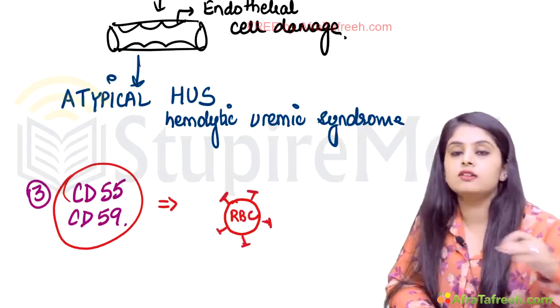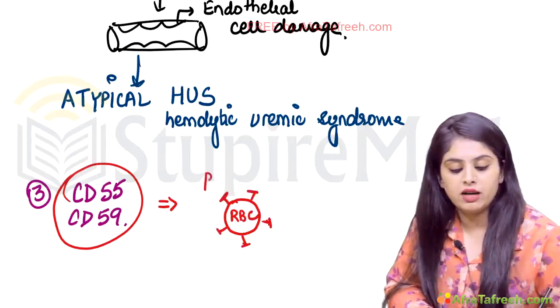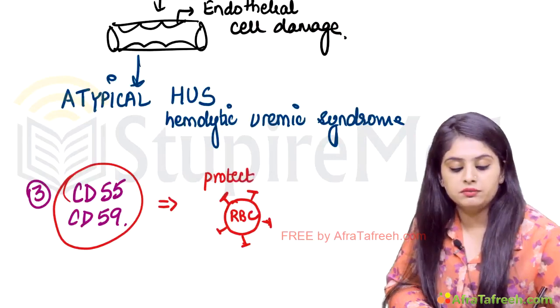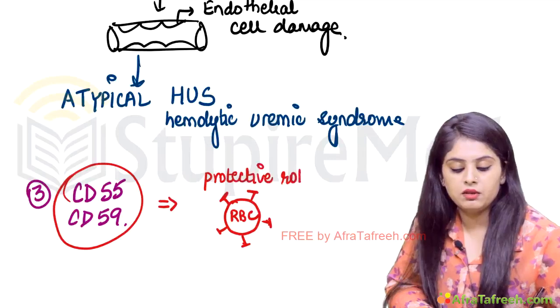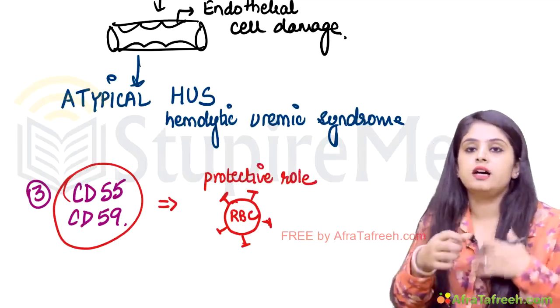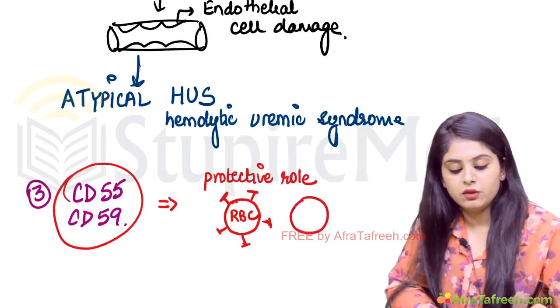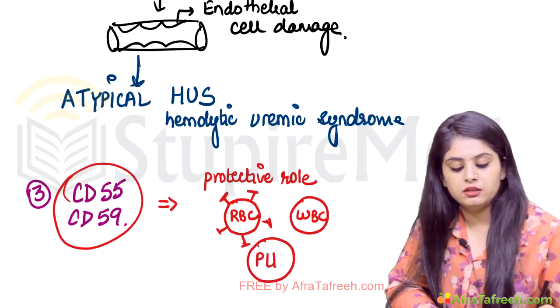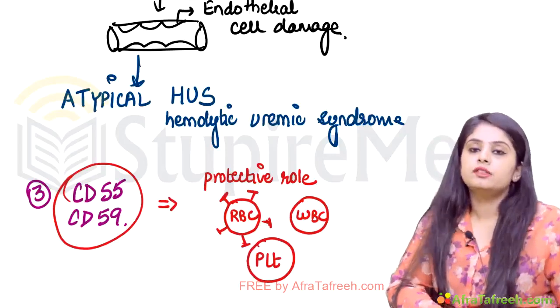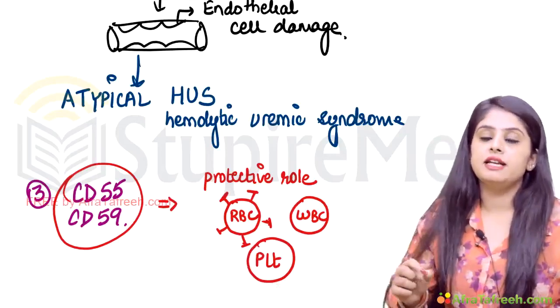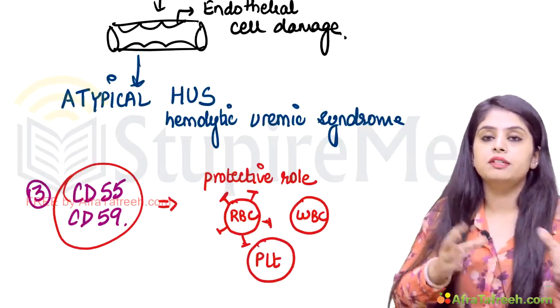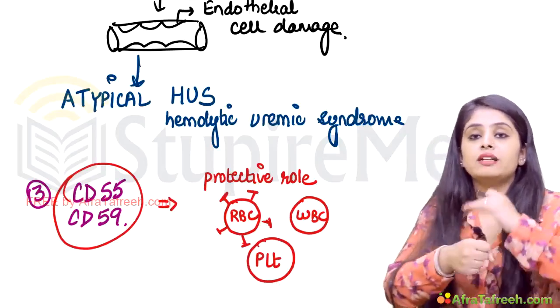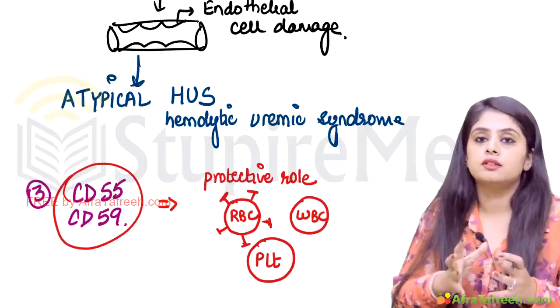They are like anchors on the surface. They are going to have a protective role. So they are going to protect the RBC. Not only the RBCs, they will also protect the WBC and they will also protect the platelet. So CD55 and CD59 have a protective role for the RBC, WBC and a platelet. It is going to act as a shield and protect it.